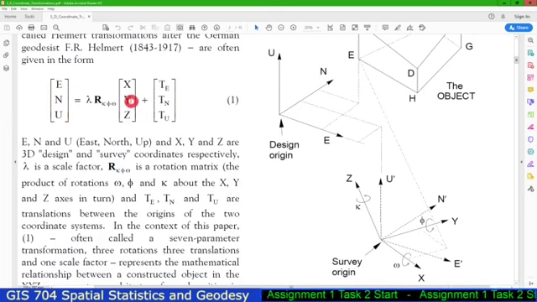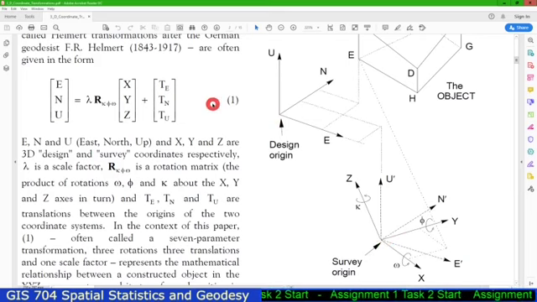In other words, that's your original coordinates. You need to transform them so they look the same as these coordinates. And you do that by rotating the axes, like he shows over here, multiplying by a scale factor, because there'll be a scale factor from here to there, and then adding the translations between the origins.